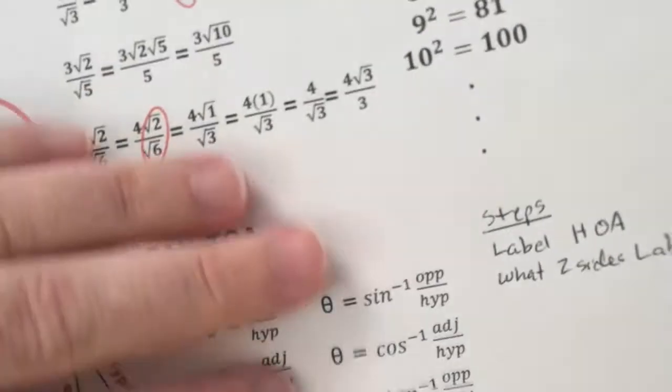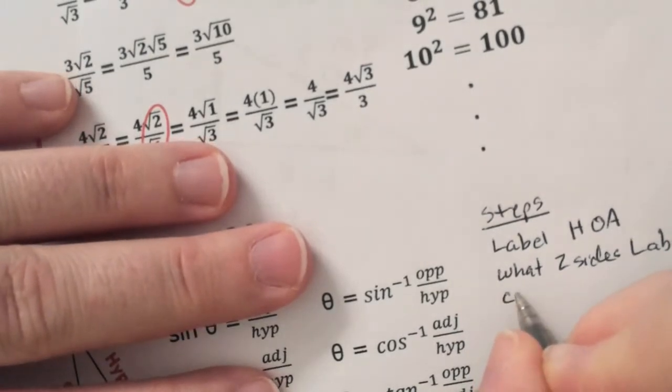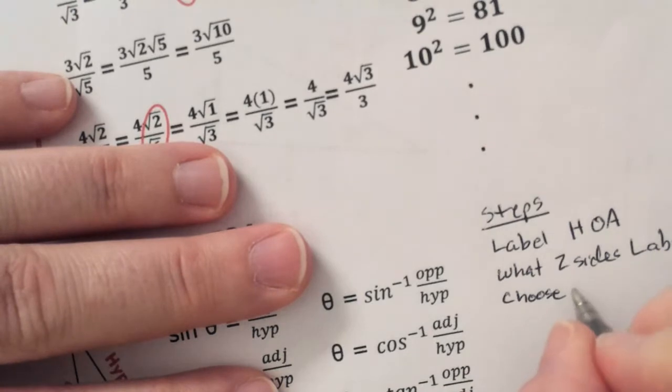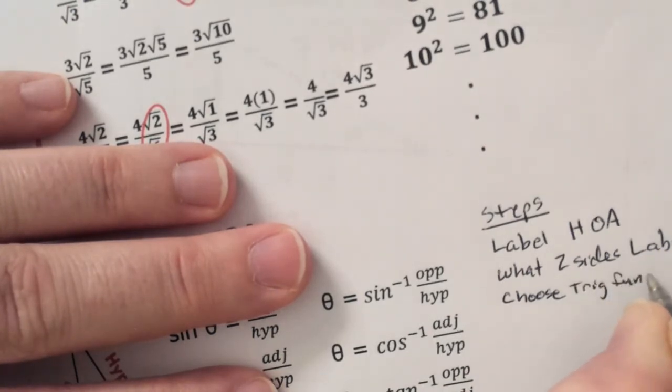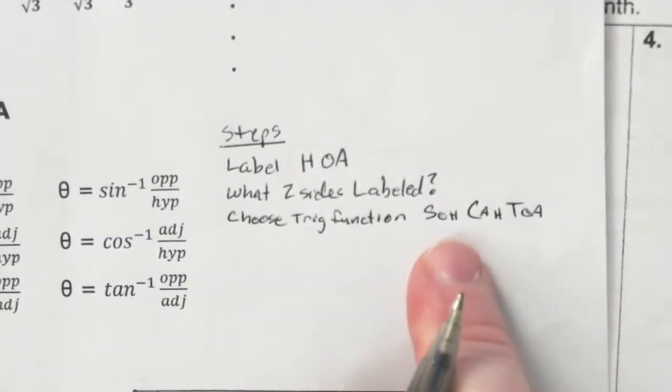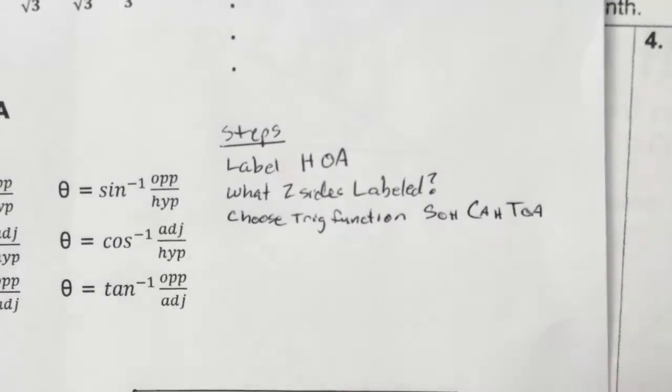Choose trig function. So, ka, or toa. You have to choose which one you're going to use.